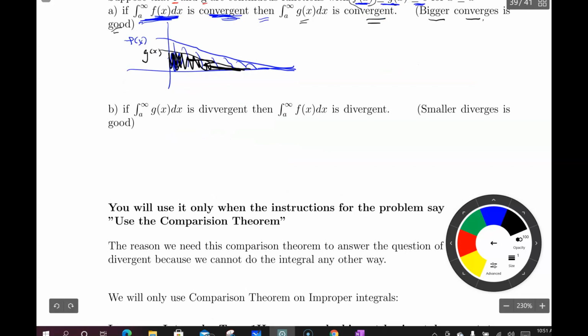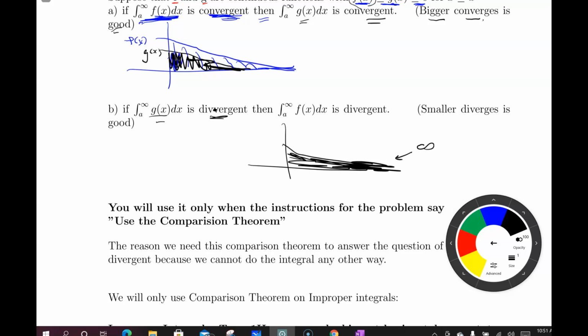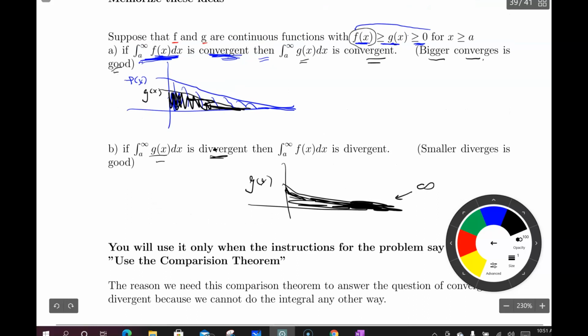All right, so let's do this again. Let's keep g of x black. So here's g of x, and if I know that from a to infinity the integral of g of x adds up to infinity, and I'm keeping the same relationship, what do I know?